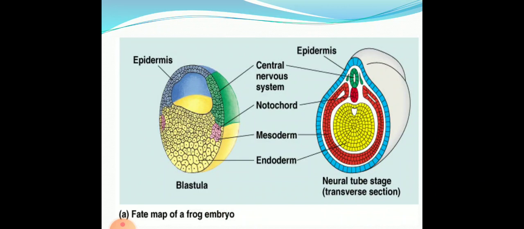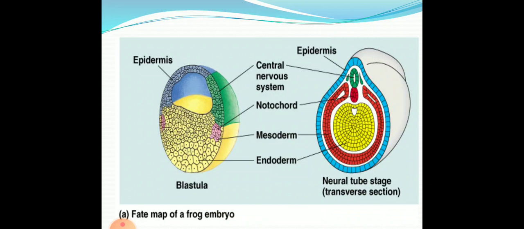In the diagram you are going to see the nervous system, notochord, mesoderm, endoderm. These are the germ layers, that is epidermis, neural tube stage, the transverse section of the neural tube, fate map of the embryo.